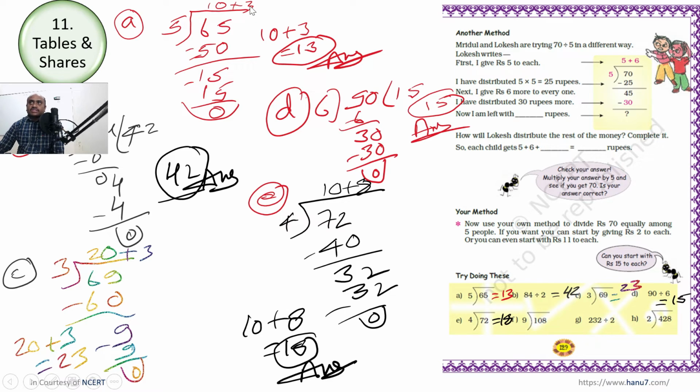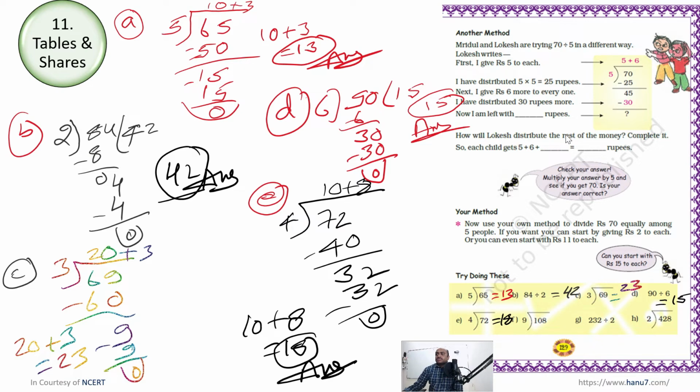Then I took 3: 5 into 3 is 15, so I got 0. The answer is 10 plus 3, which is 13. So 13 fives are 65. Everybody knows that; you can solve it like this.